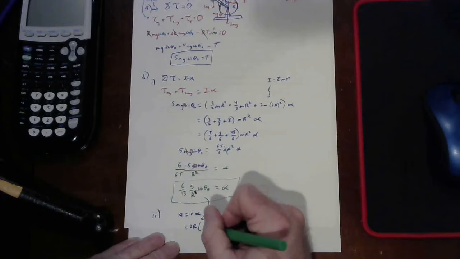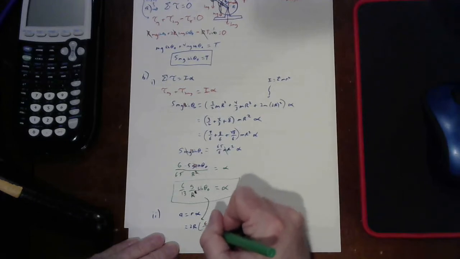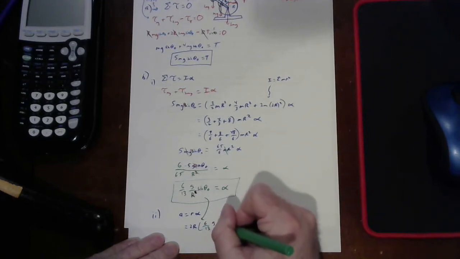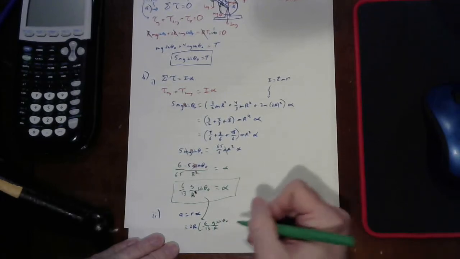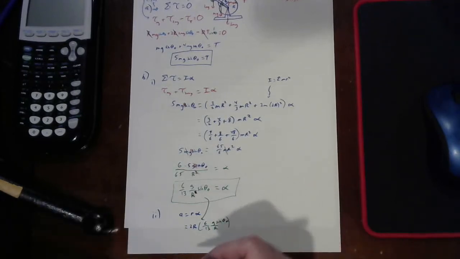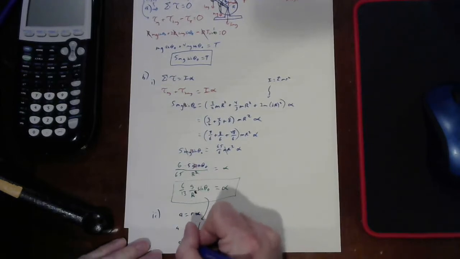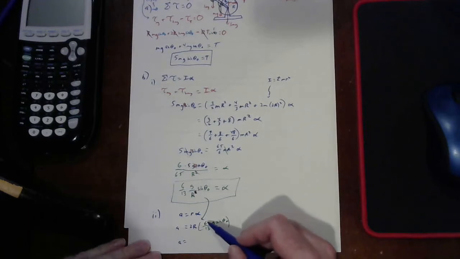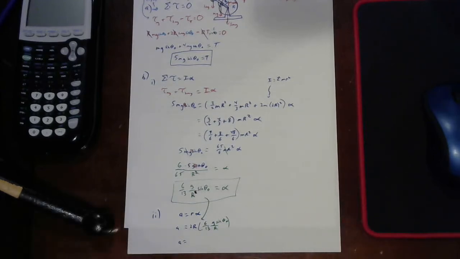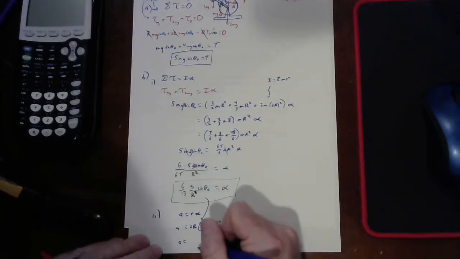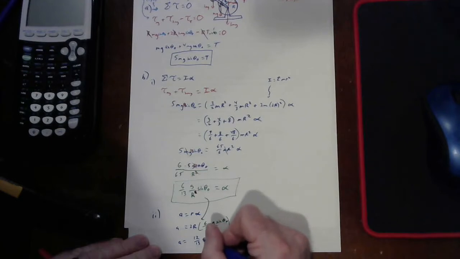Six thirteenths g sine theta naught over r. There we go. And so, tidying this up, that's just going to be 12/13, right? This R is going to cancel that R. Hooray. So I'm going to end up with 12/13 g sine theta, right?